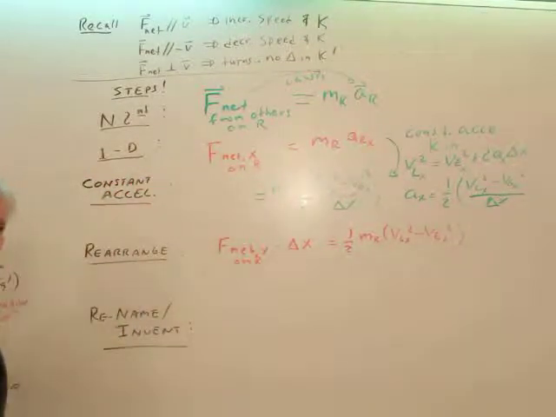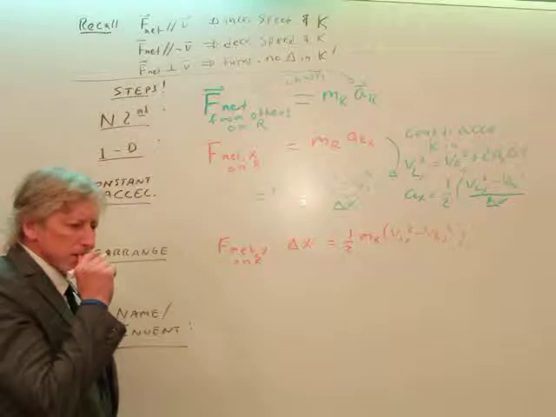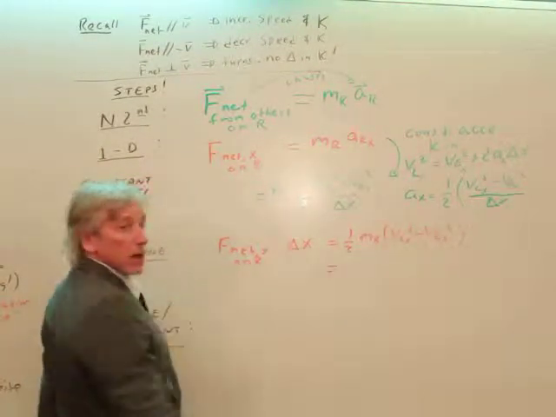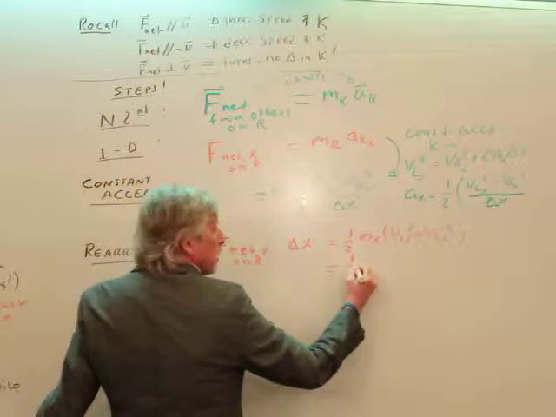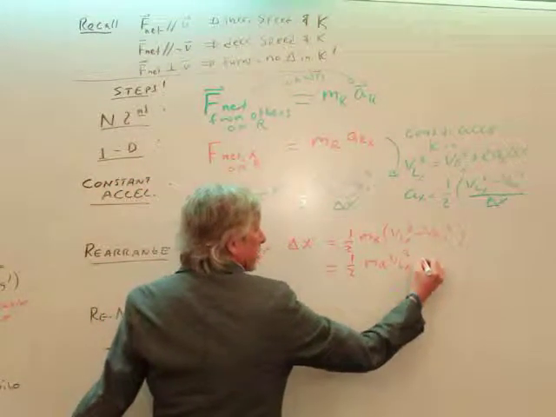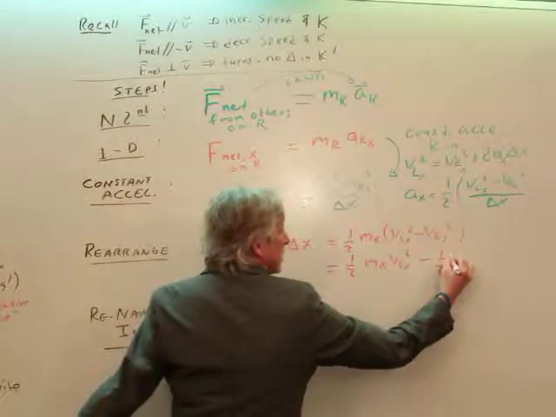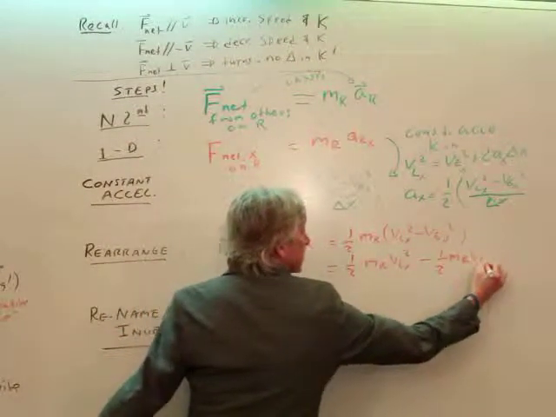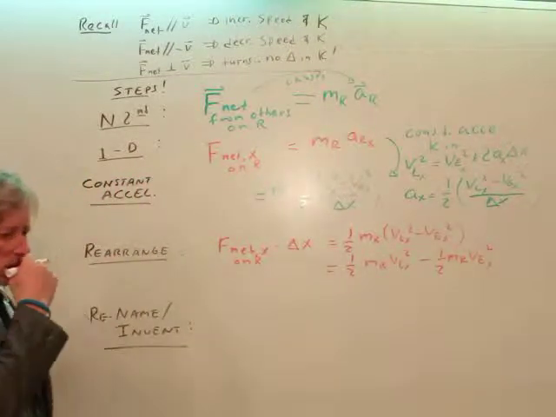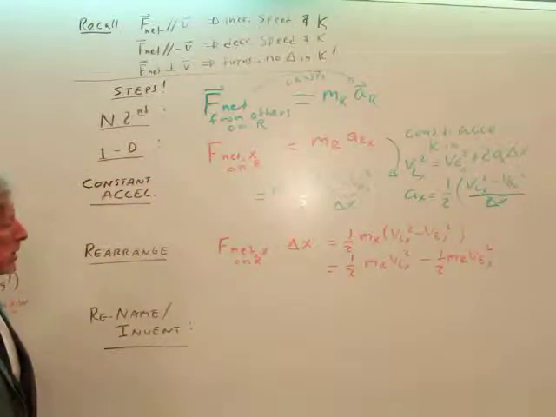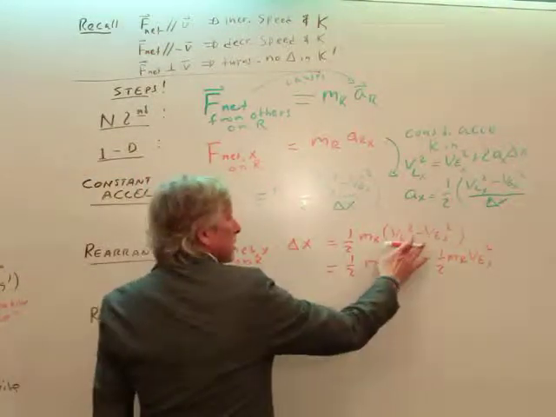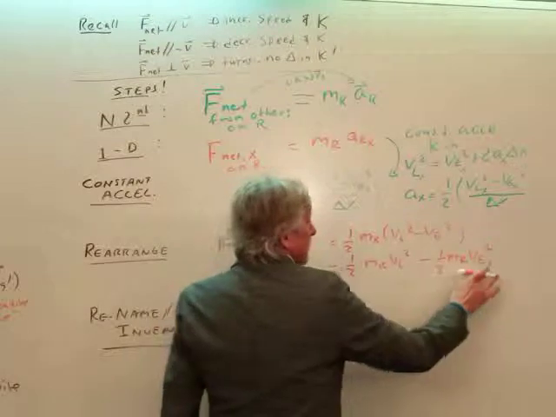Looking interesting here. I could do that like that, or I could do a little algebra. 1/2 m R V later x squared, it's a little harder to write it this way, but I'm just going to explore this possibility, minus 1/2 m R V earlier x squared. Now, if it's only moving in the x direction, I don't really need these components, right? I mean, it's just doing that.